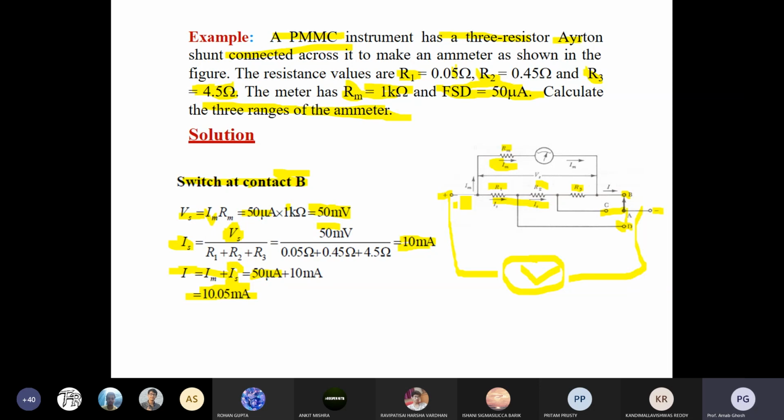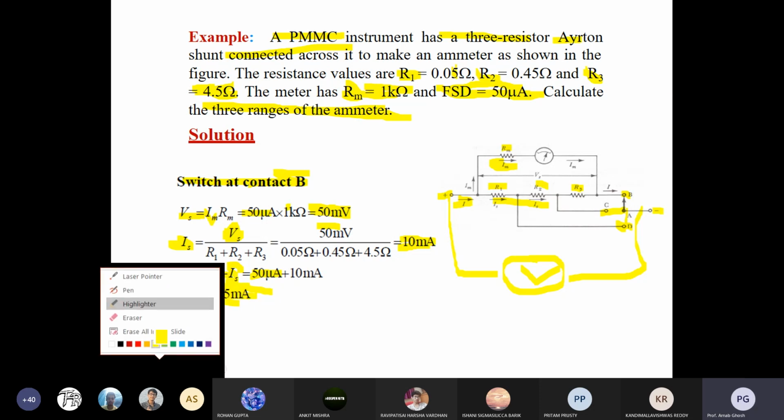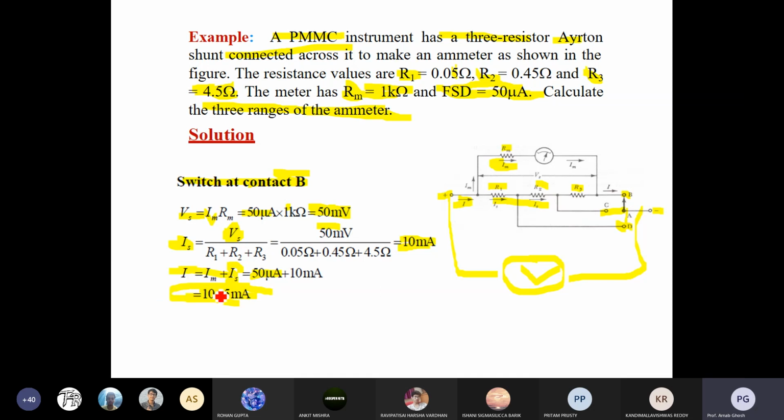So first you need to check the observation. I is the current. In the first case it is coming 10.05 milliampere.